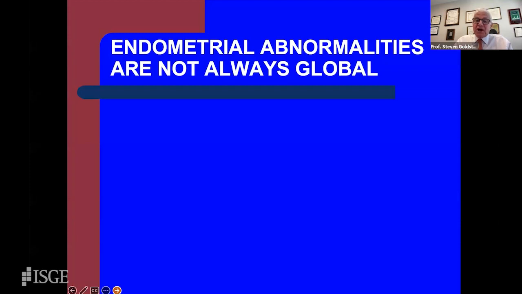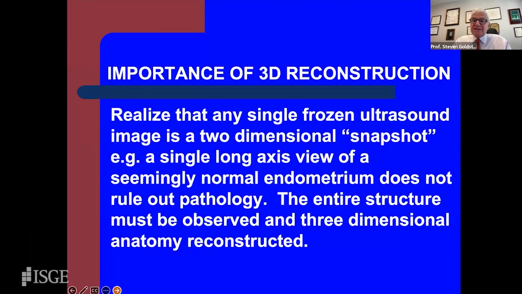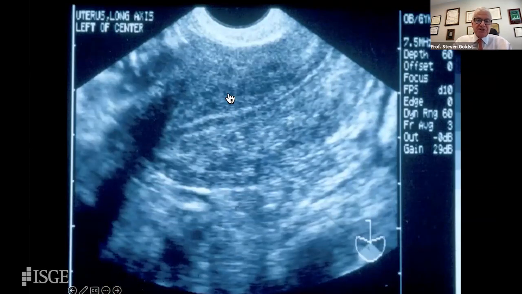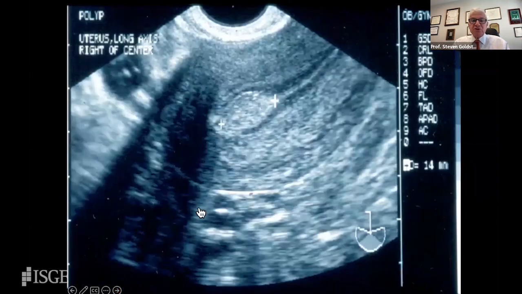These abnormalities are not always global. Realize that if somebody takes an ultrasound and shows you a frozen image, that is a two-dimensional snapshot. And a two-dimensional snapshot does not rule out pathology. You must recreate three-dimensional anatomy. So for instance, here is a very normal-looking endometrial echo, no pathology, but this is to the left of midline. If we move over to the right of midline, there's an obvious polyp at the fundus.